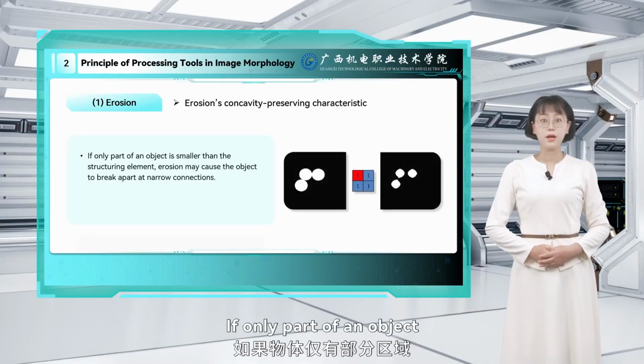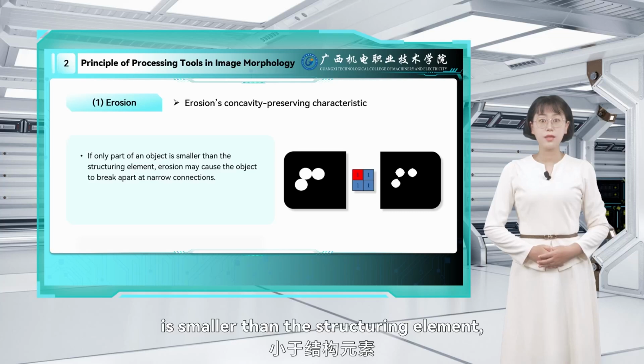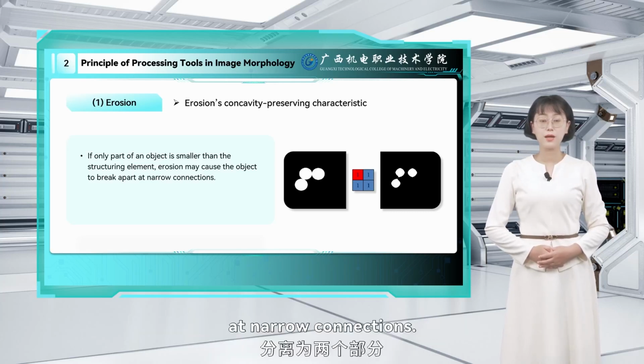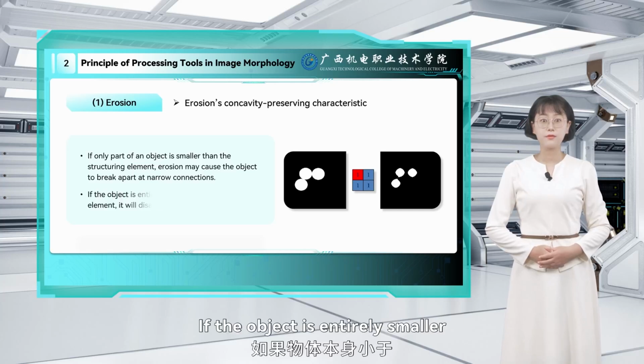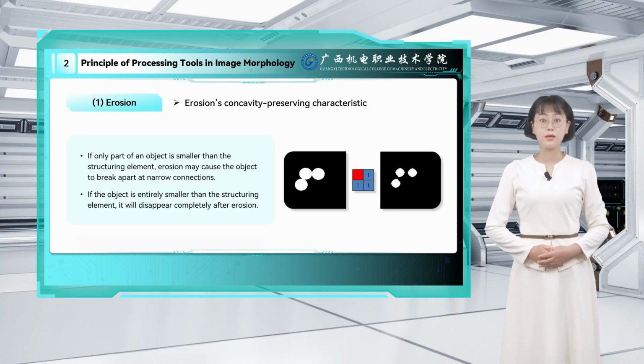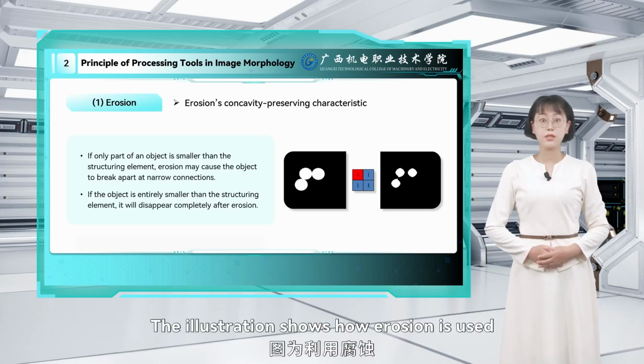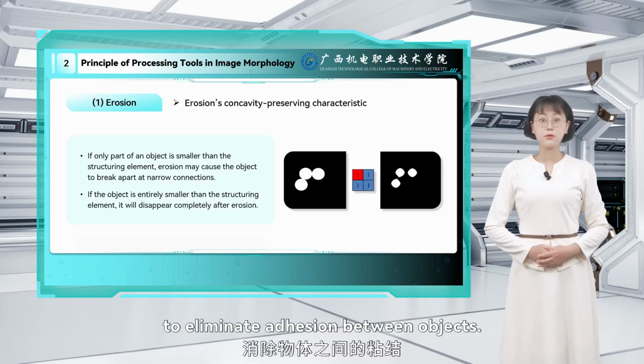If only part of an object is smaller than the structuring element, erosion may cause the object to break apart at narrow connections. If the object is entirely smaller than the structuring element, it will disappear completely after erosion. The illustration shows how erosion is used to eliminate adhesion between objects.